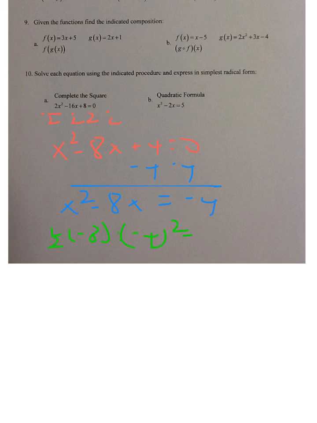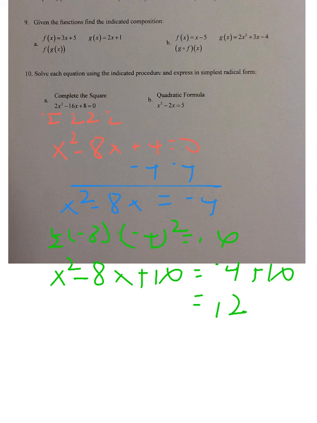Squared is 16, and I add that to both sides. So that's x squared minus 8x plus 16 equals negative 4 plus 16, which is 12. And then when I factor the left side over here, I get the same parentheses, so it's x minus 4 squared.